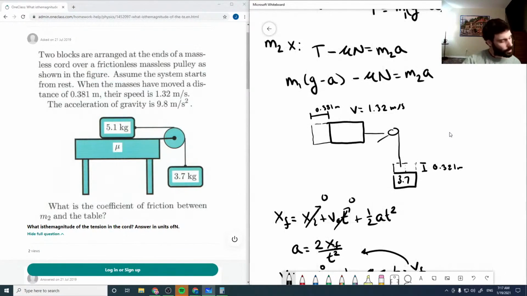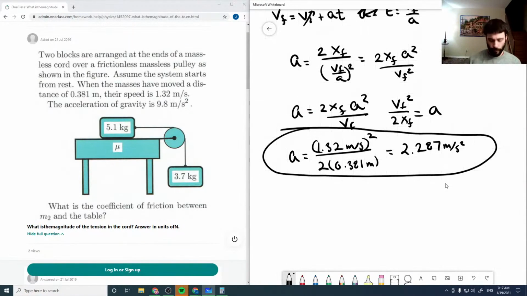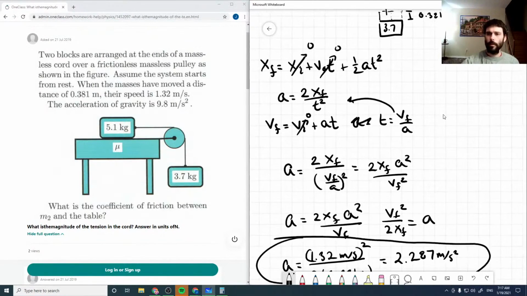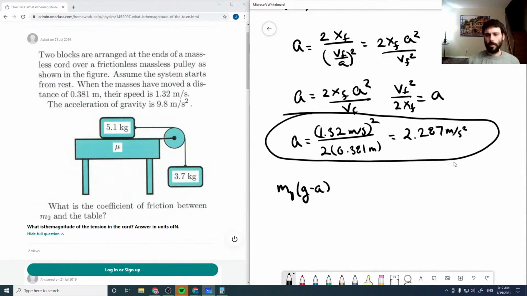So now returning to our x kinematic equation, then we have m1 g minus a, minus mu n equals m2 a. So minus mu n equals m2 a.